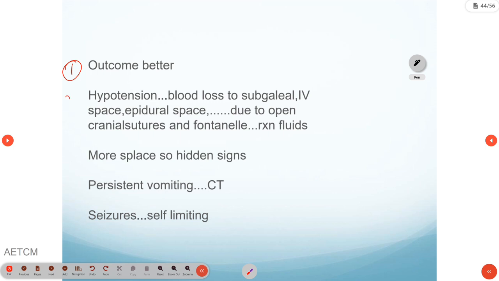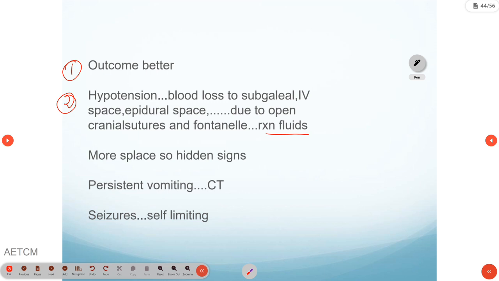Second thing is, the chance of developing hypotension is much higher compared to the adult group, because they can have blood loss into the subgaleal space, intraventricular space, epidural space, because their cranial sutures and fontanelles will be open. So all these factors contribute to more hypotension in the pediatric group. And the treatment is fluids itself. You can give fluid resuscitation if you are suspecting this.